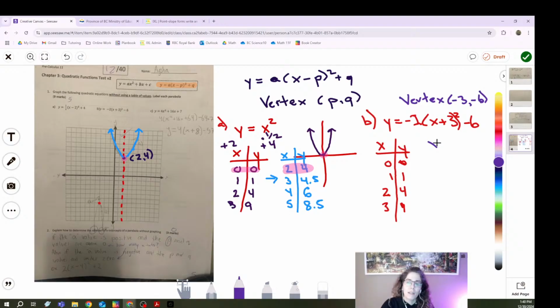So that one we're going to take away 6. And again, although there is one more piece we need to do, and that is what's out front, because this also affects y. So we also need to multiply by the negative 2. Exactly. So 0 times negative 2 is still 0. But then we go down 6.